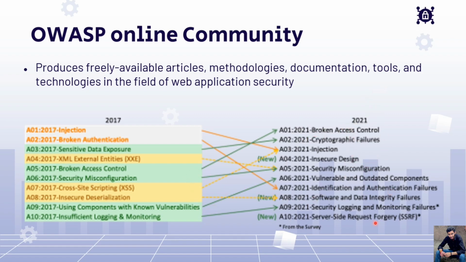Now in 2021, okay, they have listed these vulnerabilities as the most frequently occurring that organizations and businesses are facing: broken access control, cryptographic failures, injection, insecure design, security misconfiguration, vulnerable or outdated components, identification and authentication failures, software and data integrity failures, security logging and monitoring failures, and server-side request forgery.